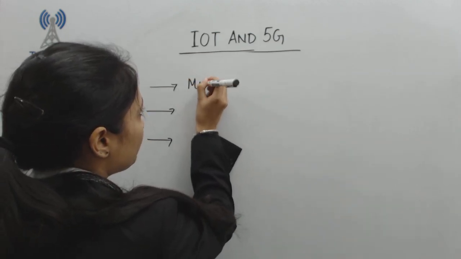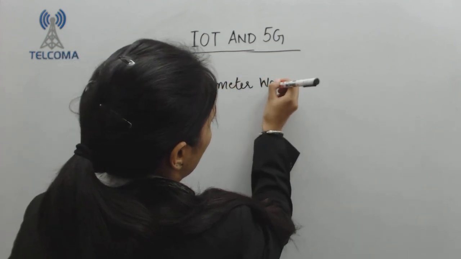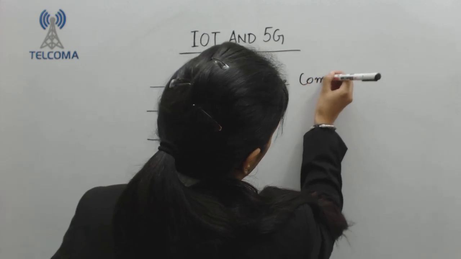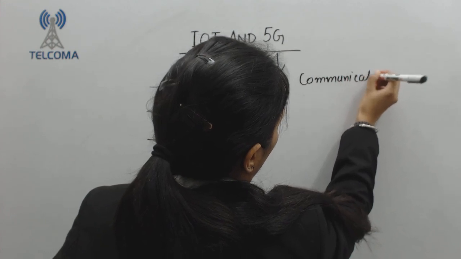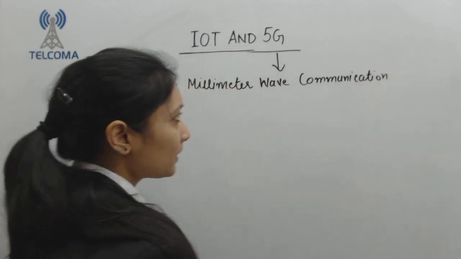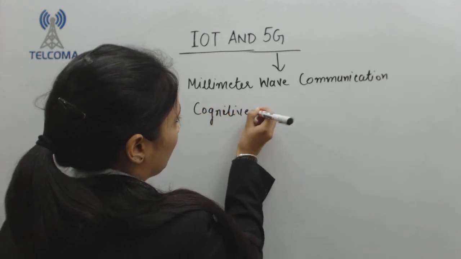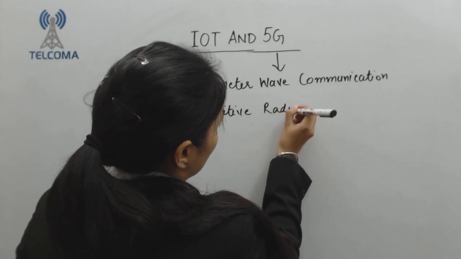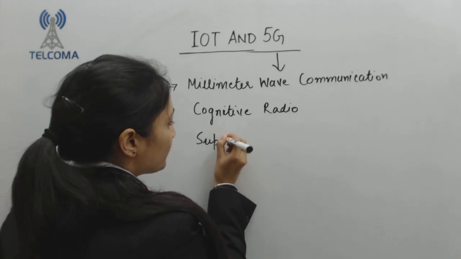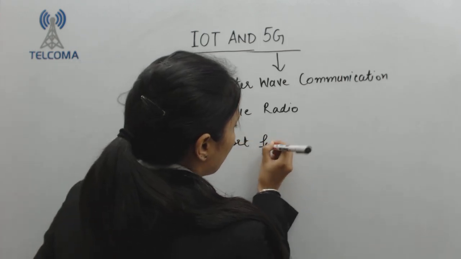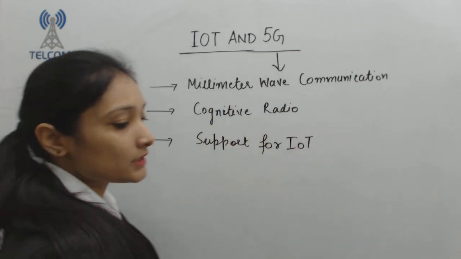So first of all, we have millimeter wave communication, then cognitive radios and support for IoT. We will study each of these one after another.